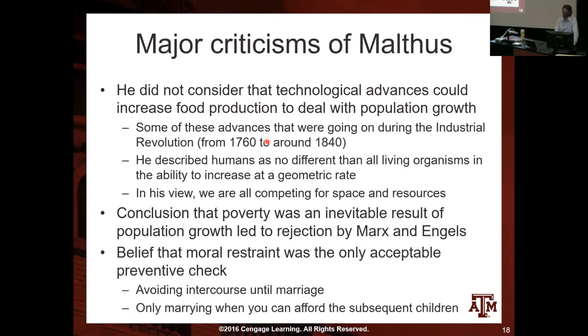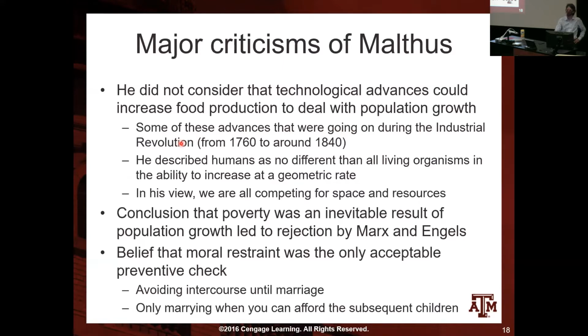What is interesting is that he wrote that book in the late 1700s, 1798, and exactly around the time that he wrote that book, some of these advances in food production were going on in the world, most specifically in Western Europe during the Industrial Revolution.